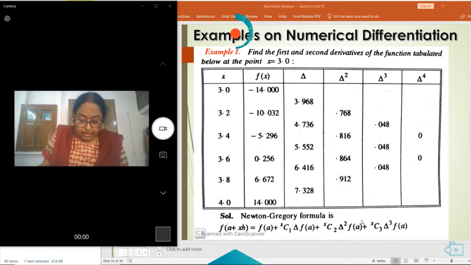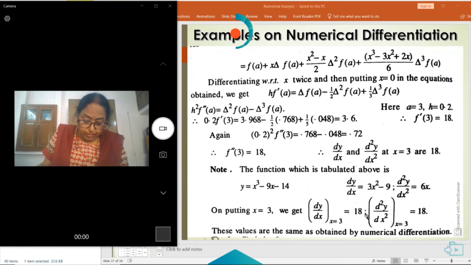Now, Newton's Gregory formula, we know f(a plus xh) is equal to fa plus xC1 delta fa plus xC2 delta square fa and so on. xC1 means x, xC2 means x into (x minus 1) by factorial 2, xC3 is equal to x into (x minus 1) into (x minus 2) by factorial 3 and so on.